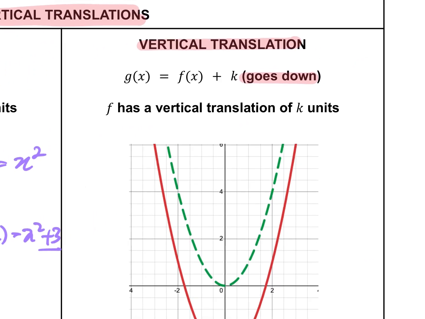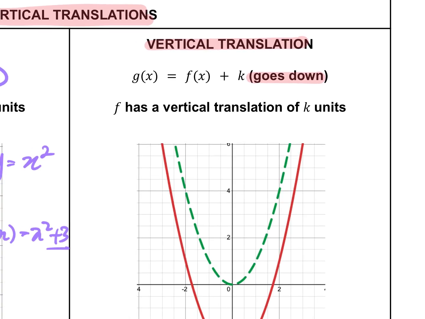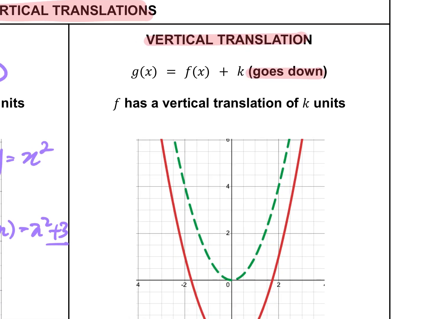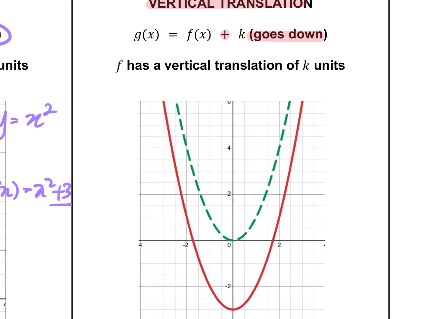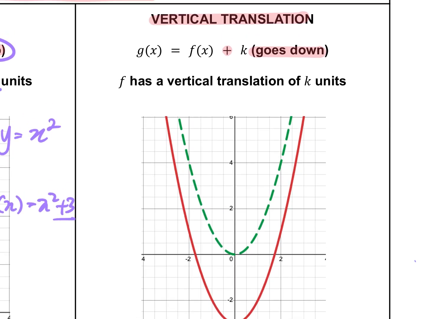Still the same vertical translation, but this time the function goes down. You can still see plus k here, but remember that when it goes down, the value of k will be negative.